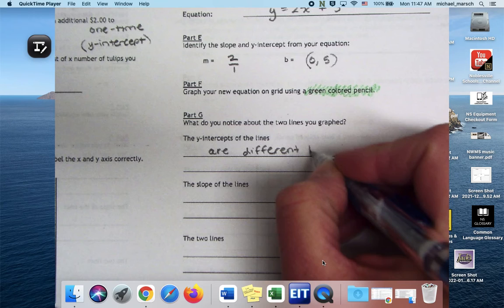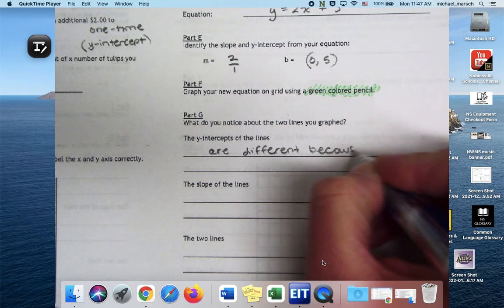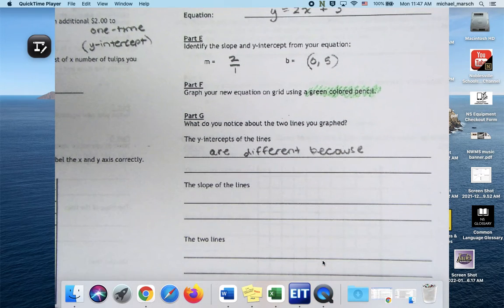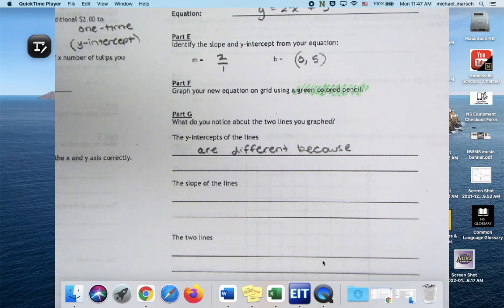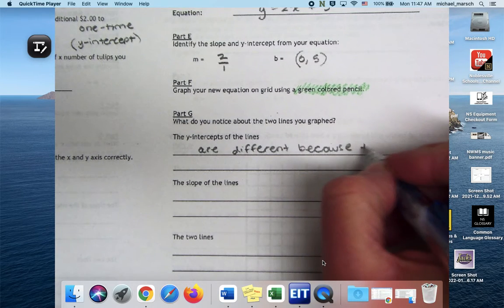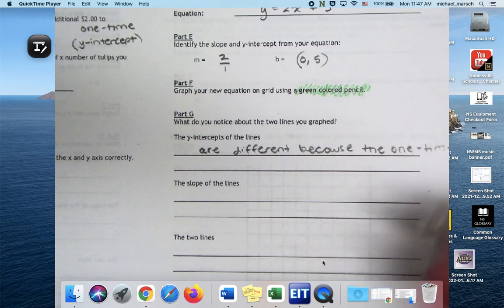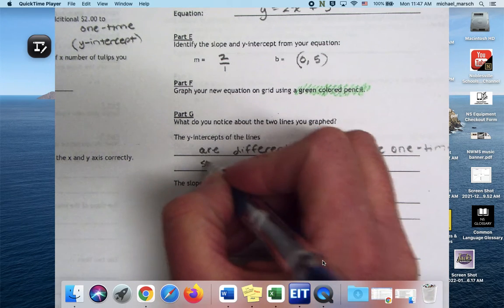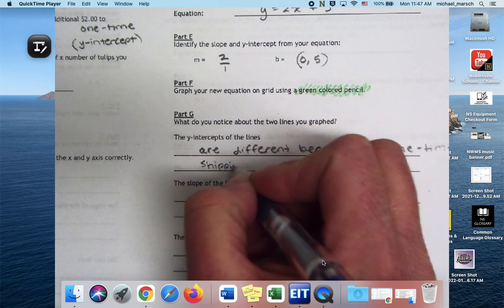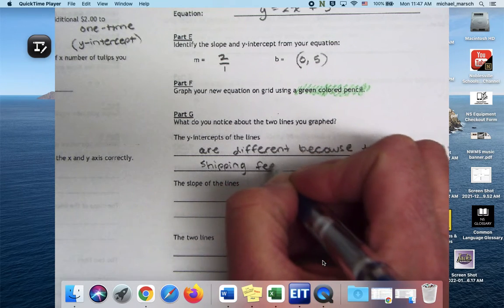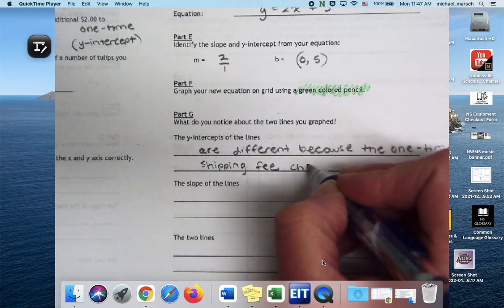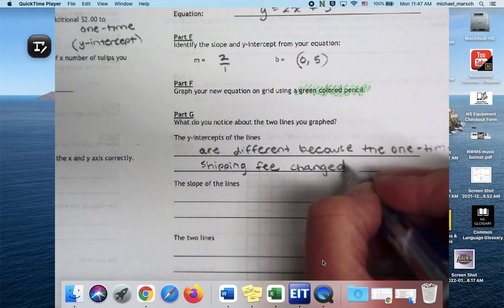Because they have a different y-intercept. One's (0, 2) and (0, 5). Yeah, what changed in this scenario? Shipping. Yep. The one-time shipping fee is different. It changed, right?